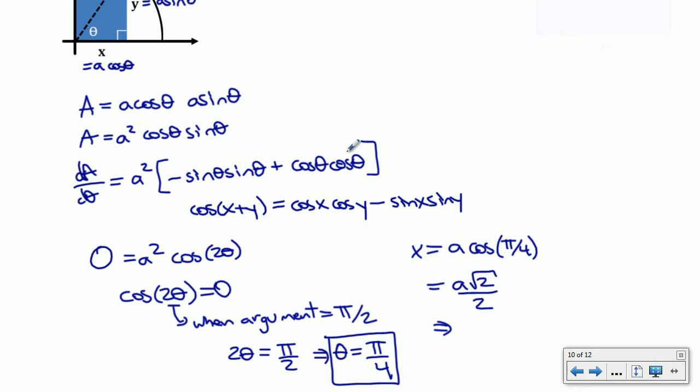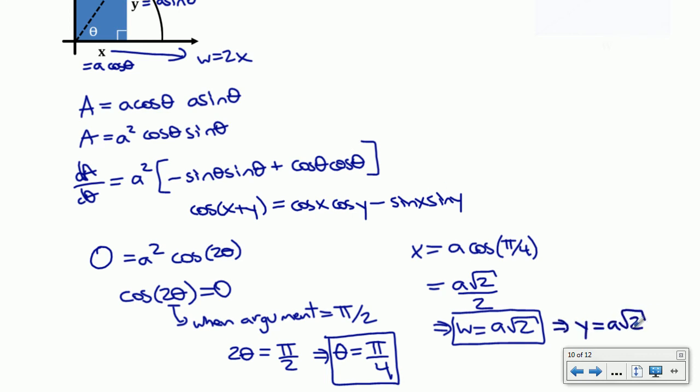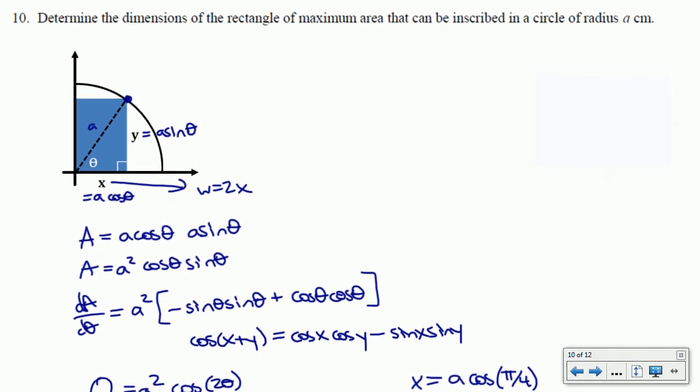Because the width is going to be twice x, so width equals 2x, the width is then going to be just a root 2. And I know intuitively that at pi over 4, y is going to be equal to x. So that means that y is equal to a root 2 as well. So that's the way I chose to do this problem.